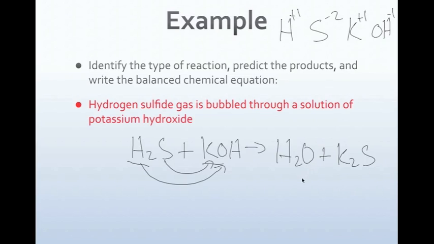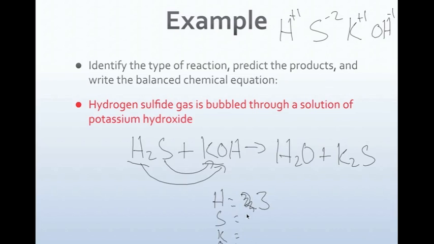Okay, so now we have to go ahead and balance it. When we're balancing this, we look and we see that we have hydrogen, sulfur, potassium, and oxygen in our reactants. We count up how many we have of each. We have 3 hydrogens. Don't forget 2 over here, 1 right there.